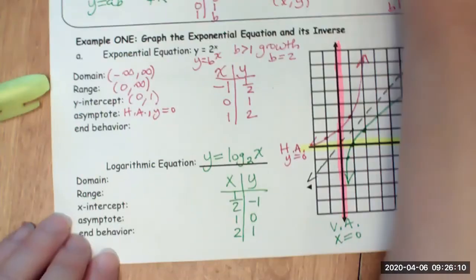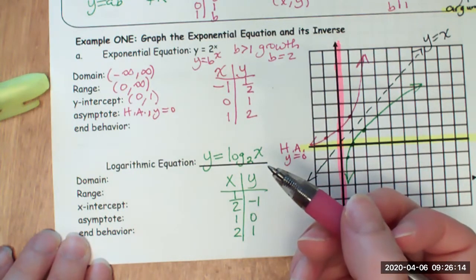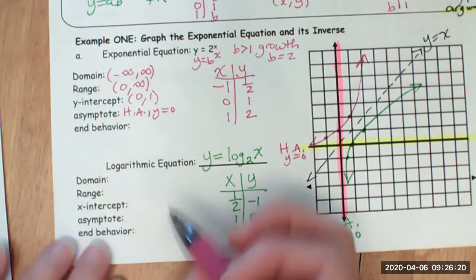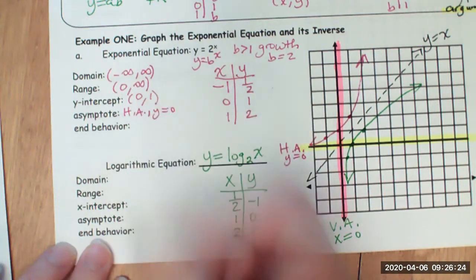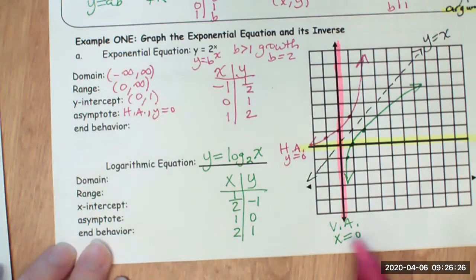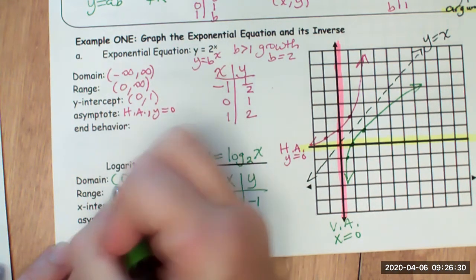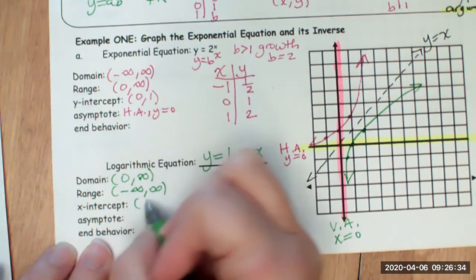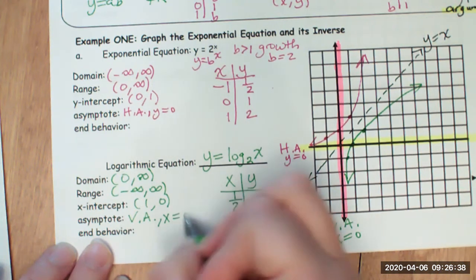Same domain and range, same x-intercept, same y-intercept, same asymptote, same end behavior regardless of the base, as long as you haven't transformed the graph. So I'm just going to reverse the domain and range from exponential, and I'll get 0 to infinity here, negative infinity, infinity. The x-intercept is 1, 0. The asymptote is a vertical asymptote at x equals 0.